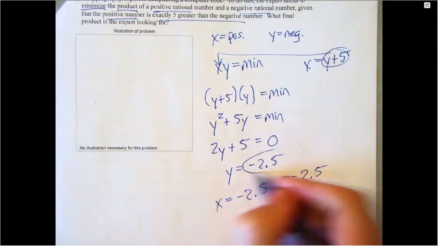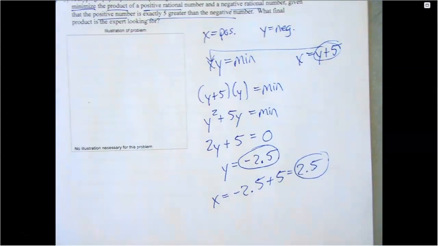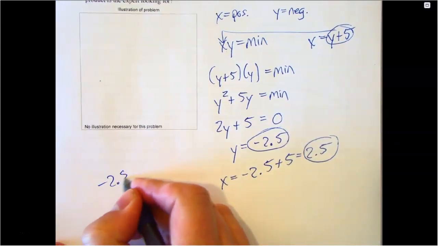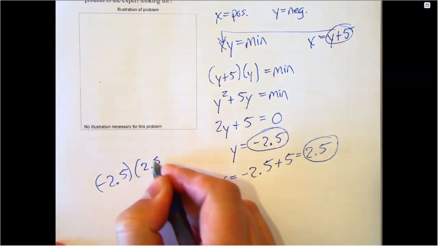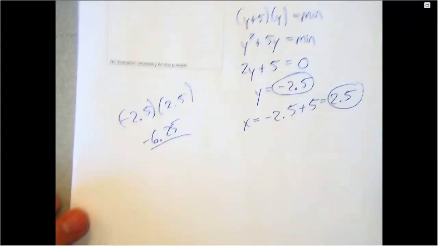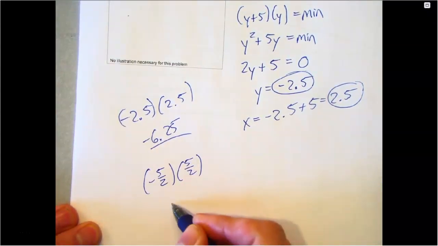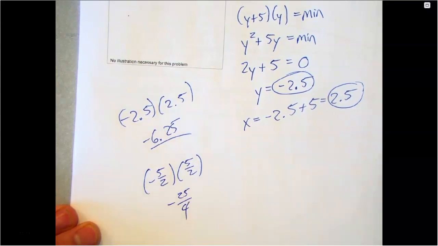My two numbers are negative 2.5 and positive 2.5. Whichever one you call x and y doesn't really matter. They want me to multiply those two together. So negative 2.5 times 2.5 is negative 6.25, or negative 5 halves times 5 halves is negative 25 fourths.